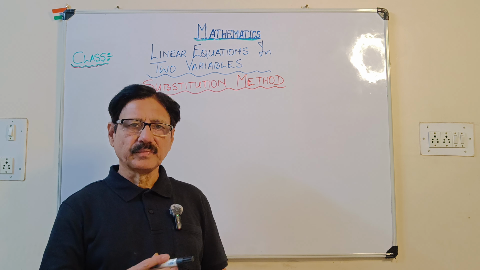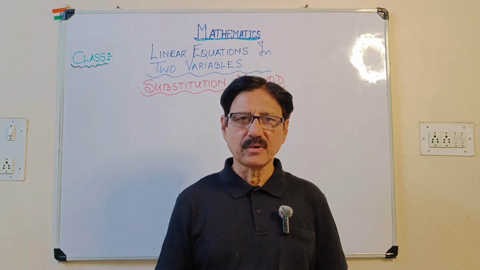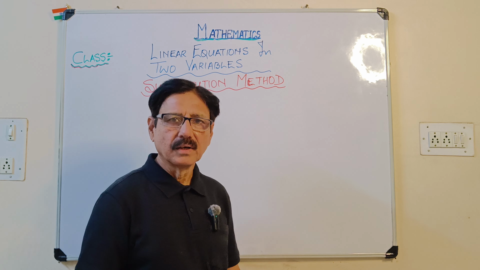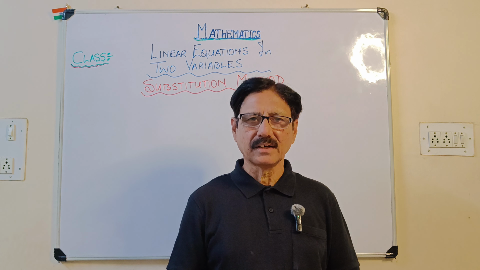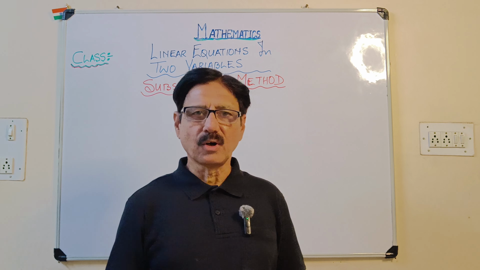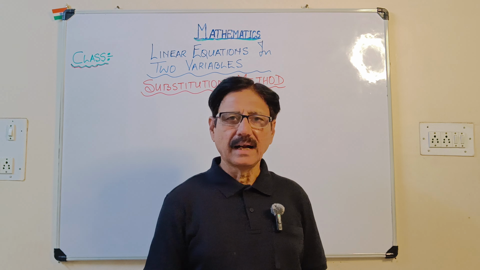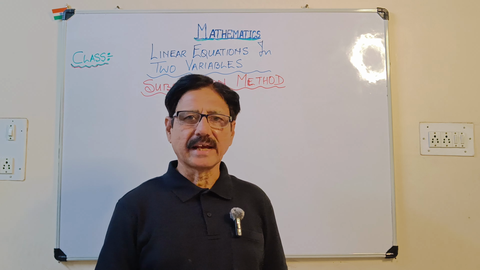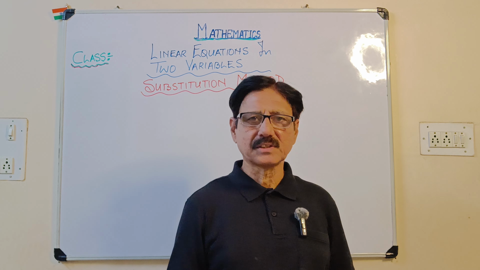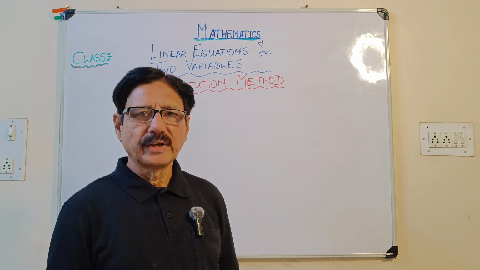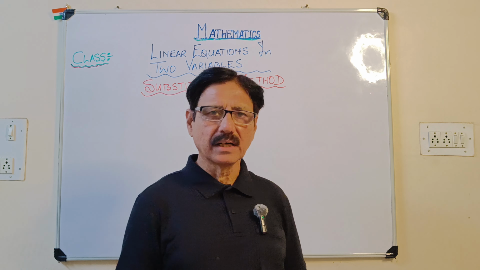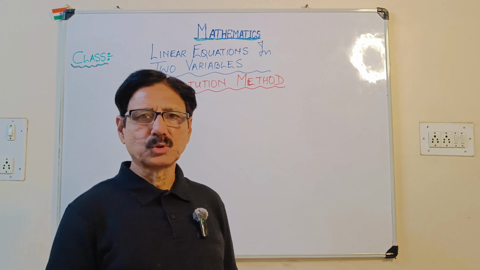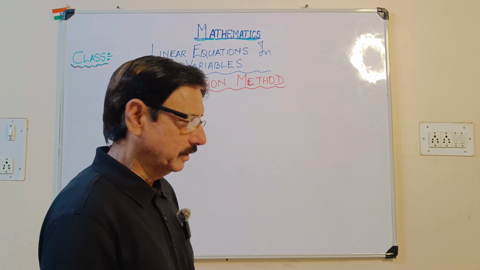The second equation will convert into a linear equation in one variable, which is very easy. By transposing the terms we can solve it and get the value of that variable. Then we put that value in the other equation to get the value of the second variable. In this way we get both values and can easily solve the equations.